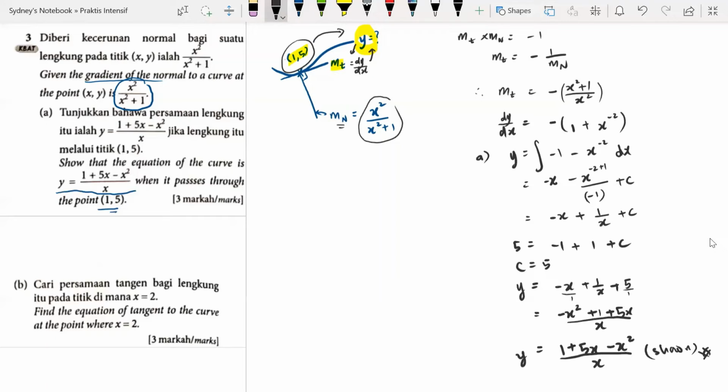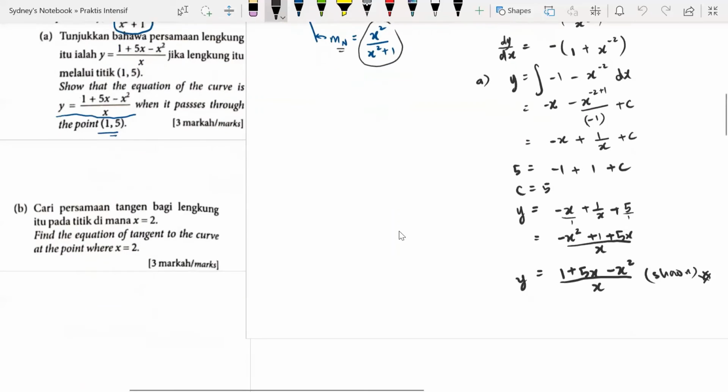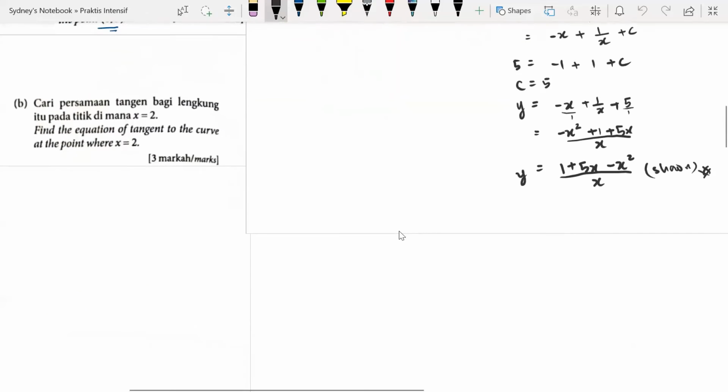Next, part B. We have to find the equation of the tangent to the curve at the point where x equals 2. So now we know that the curve is 1 plus 5x minus x squared over x.